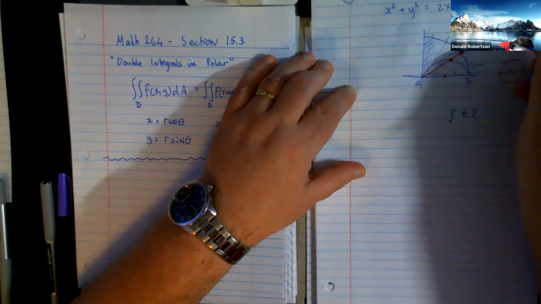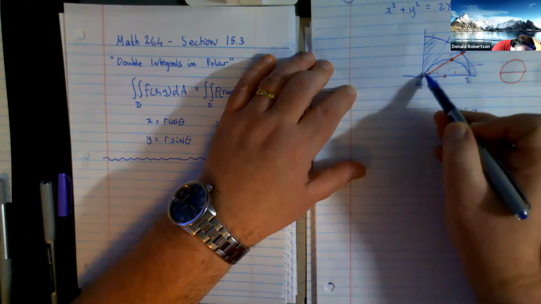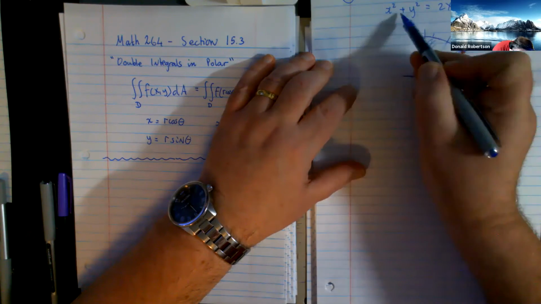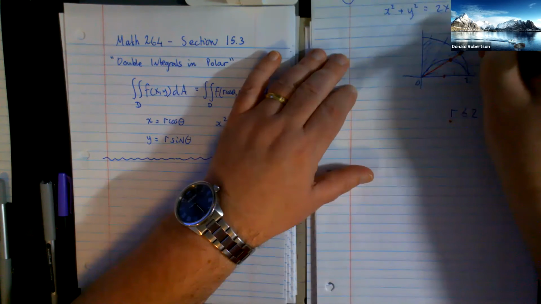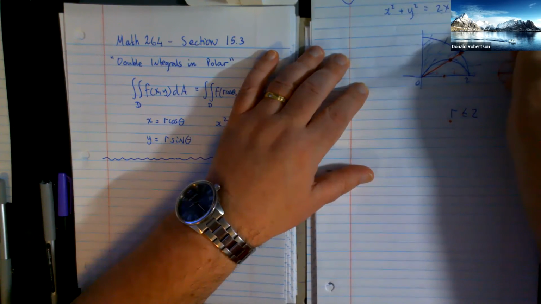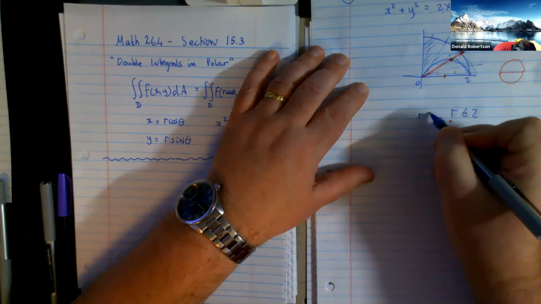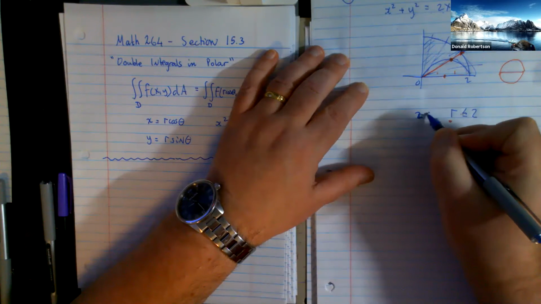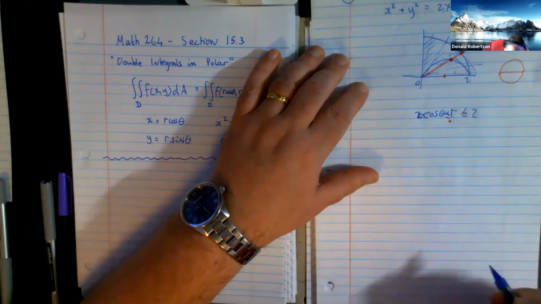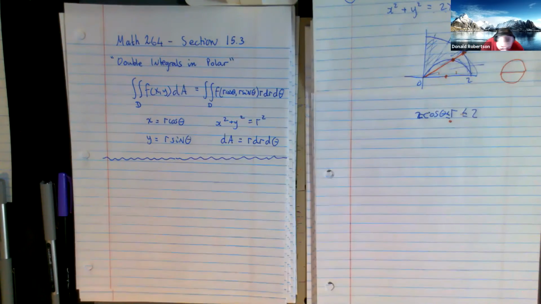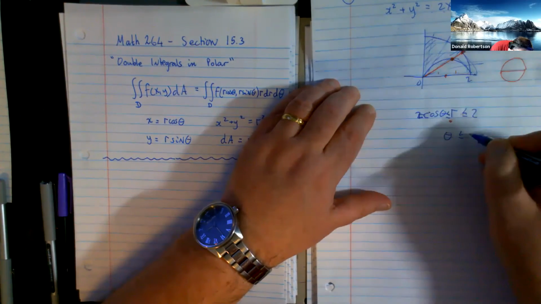This is basically the equation of this half circle, r squared equals 2r cosine theta. If you divide out one of the r's, that's the other one. And theta is the easy one, 0 to pi upon 2.